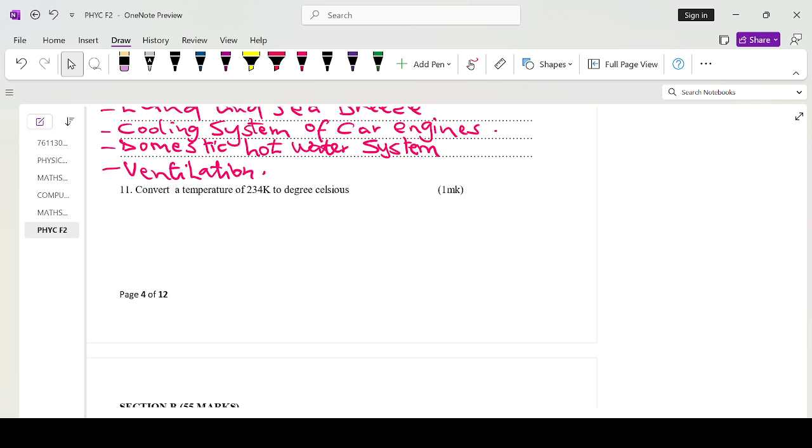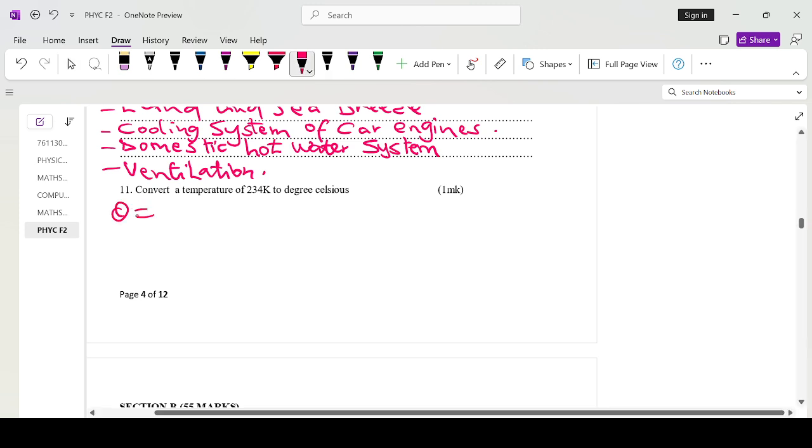When you are converting Kelvin to degrees Celsius, do you add 273 or do you subtract? You subtract, right? So with this one here, the temperature will be given by 234 minus the 273.